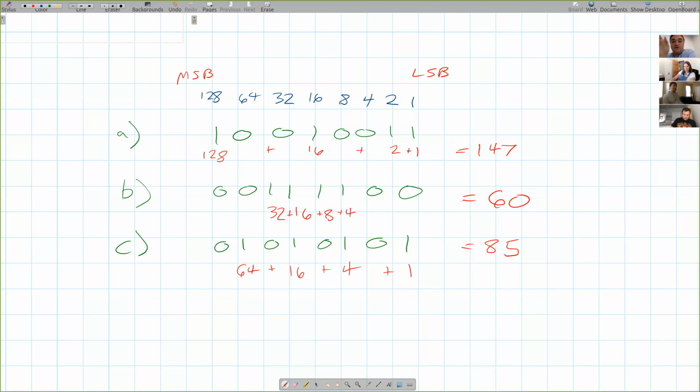But yeah, they don't do anything, just like decimal. Other questions about counting in binary? Cool. Let's do a couple more.